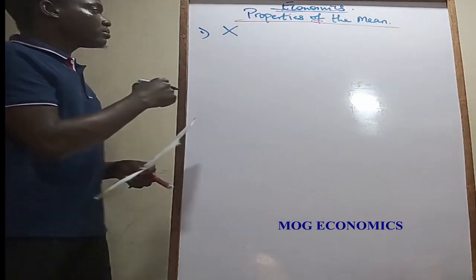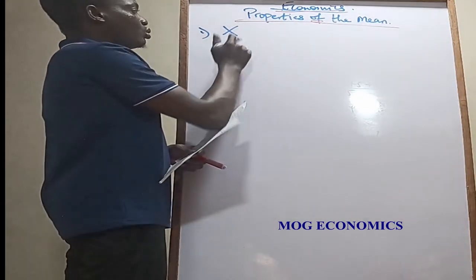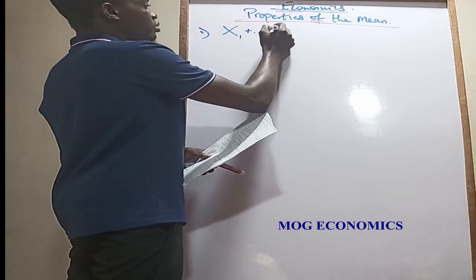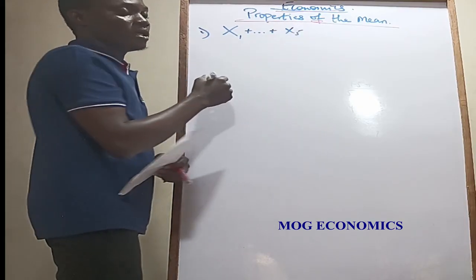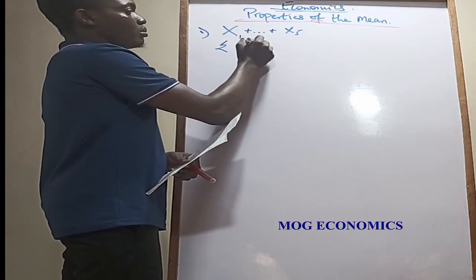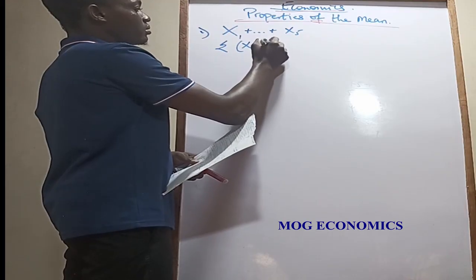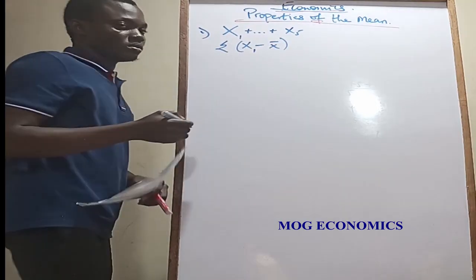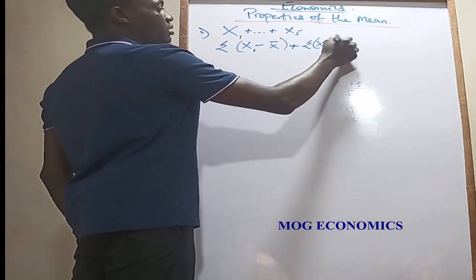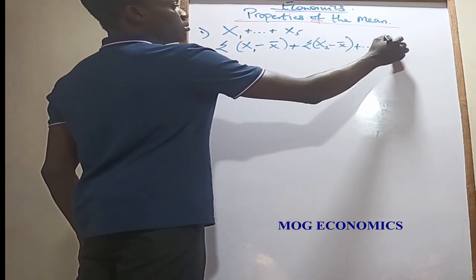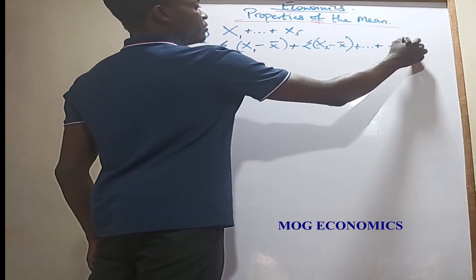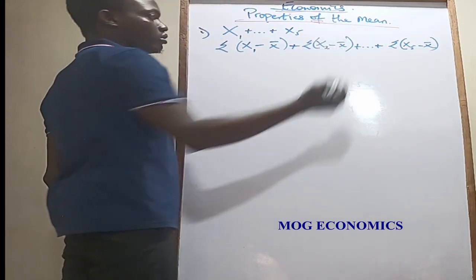What we're saying is that if you're summing the deviations, let's say x1 to x5, the sum of deviation from the mean x̄ is the summation of x1 minus x̄, plus summation x2 minus x̄, on and on like that, plus summation x5 minus x̄. When we do the whole thing, what we are going to get is 0.